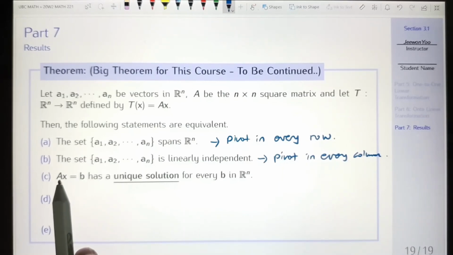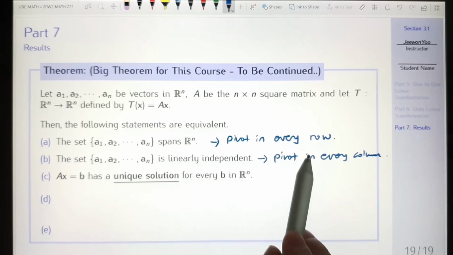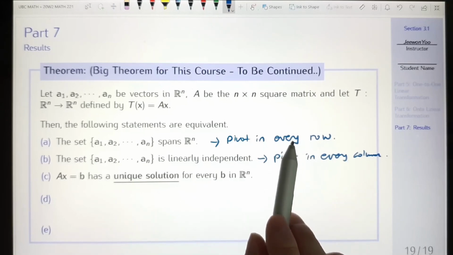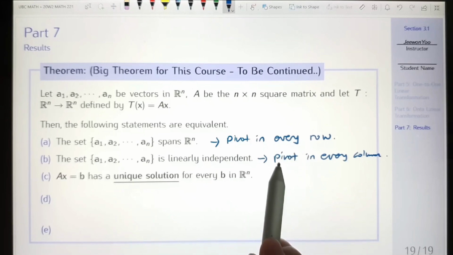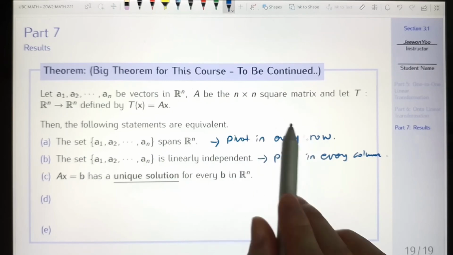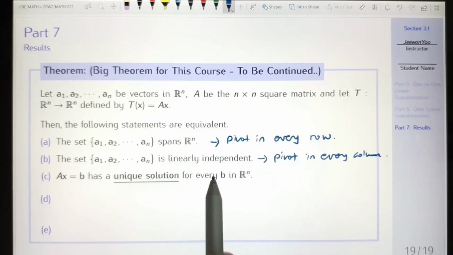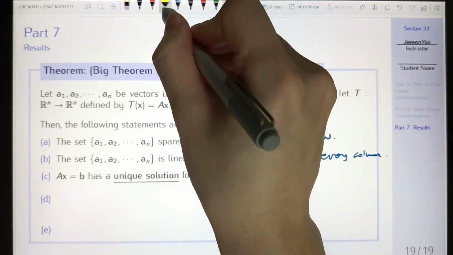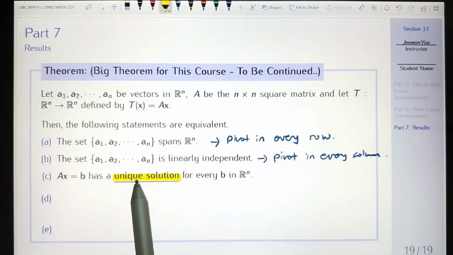Because matrix A is a square matrix, we always have a solution by the part A, but we have at most one solution from part B. Altogether, part C says unique solution. This means pivot in every row and pivot in every column.